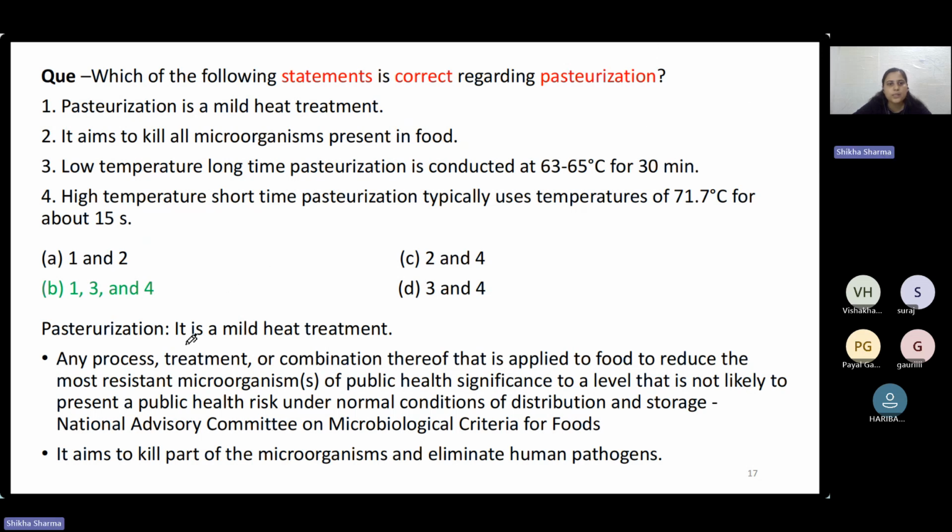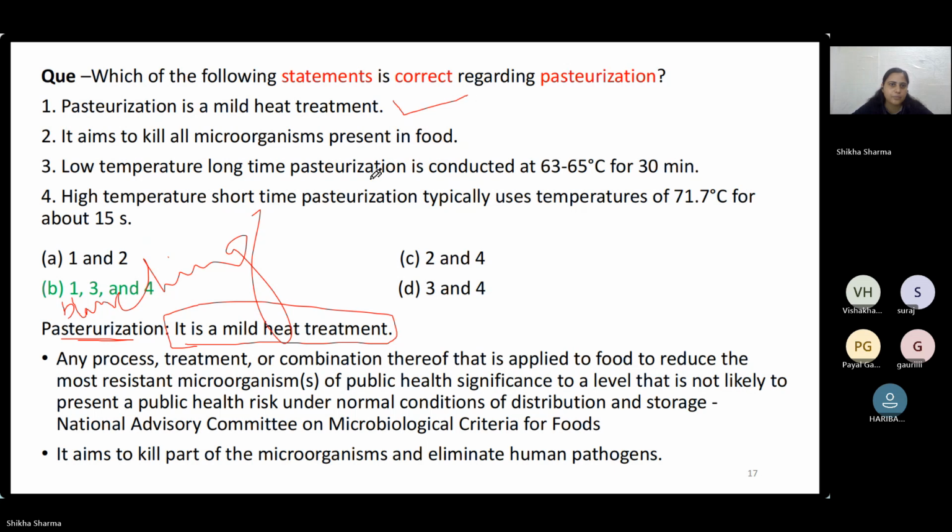We know that pasteurization is a mild heat treatment. We already discussed that blanching and pasteurization are both mild heat treatments. So the first option is correct.